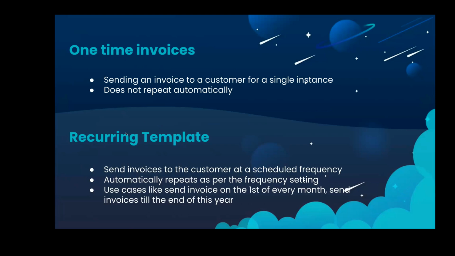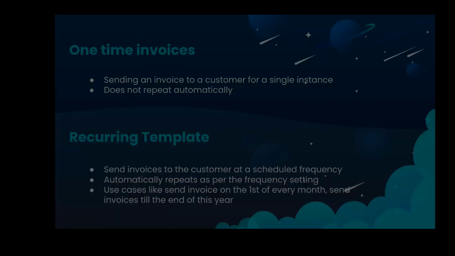Whereas if you schedule a recurring template, let's say you have a use case where you want to send an invoice on the first of every month, or on a weekly basis, or on a bi-weekly basis, then you don't have to create all of the invoices manually again and again and send them out to your customer. You can simply create a recurring template, schedule it, enable auto payments and accept all of the payments on time. So yeah, that's where the recurring template use case comes in.